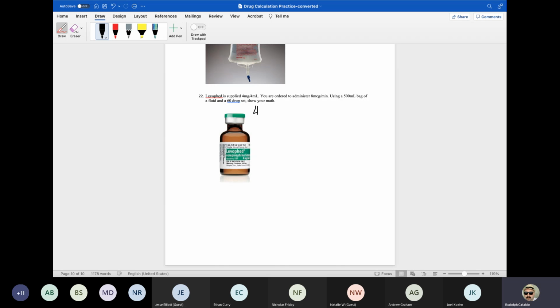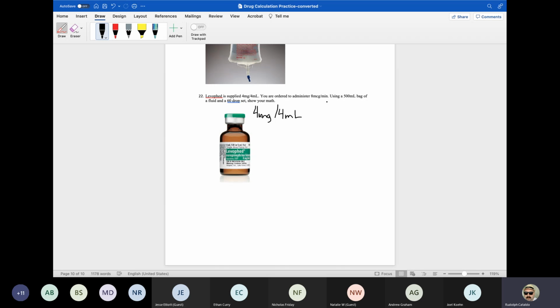Levophed is supplied 4 milligrams in 4 mLs. That's that vial right there. You are ordered to administer 8 micrograms per minute. So first we have a problem.